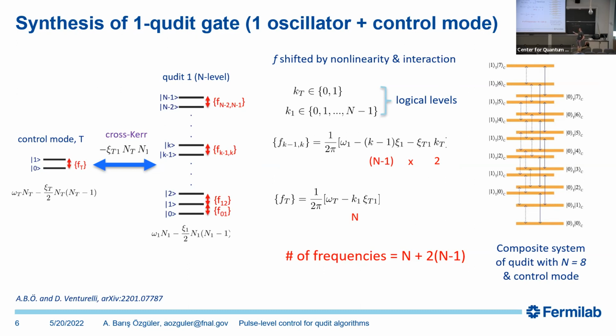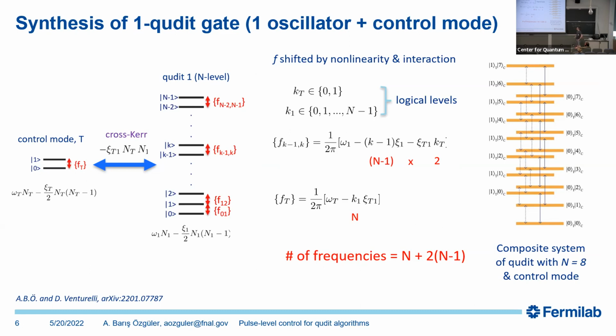The 2 is due to the 2 levels in the control mode, and n minus 1 is due to all the frequencies that you should explore in your Qudit. And there are also some frequencies needed for the transmon because we are using 0 and 1, and it's an interaction with the Qudit. There's a whole bunch of frequencies that should be considered in the pulse optimization.